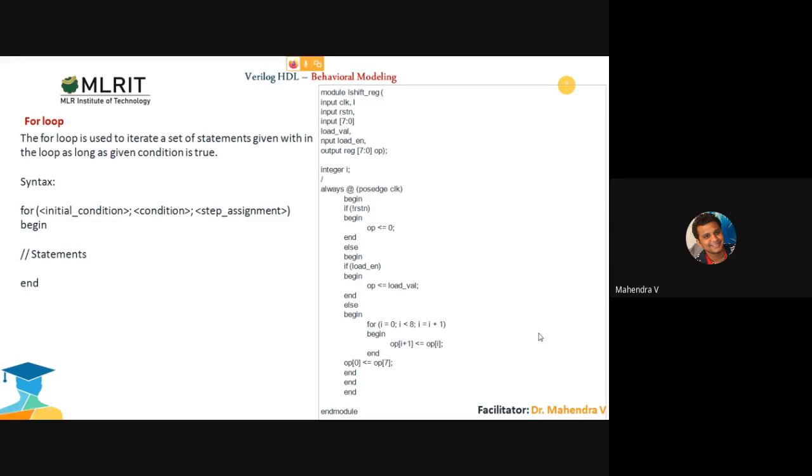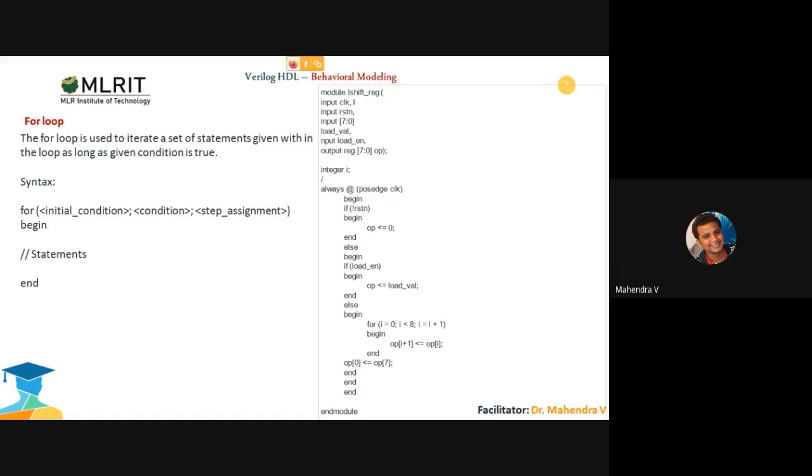Okay, now this is another example for behavioral modeling. Now here in this PPT we have seen the D flip-flop, and then the register. Registers can be described by using the behavior. Now this is the behavior for describing the shift register, the left shift register. The same you can do by interconnecting the D flip-flops also. That is structural modeling.